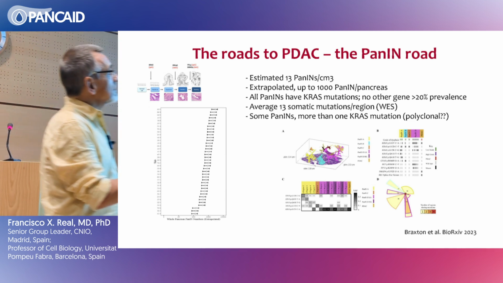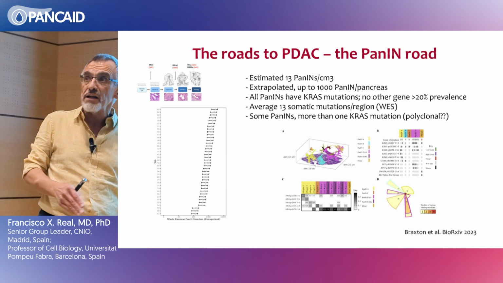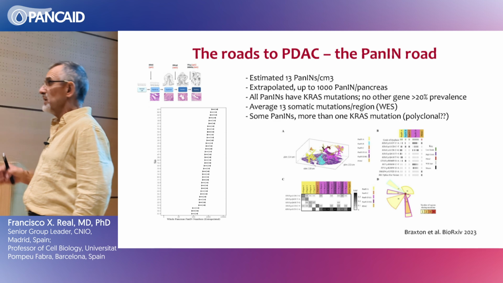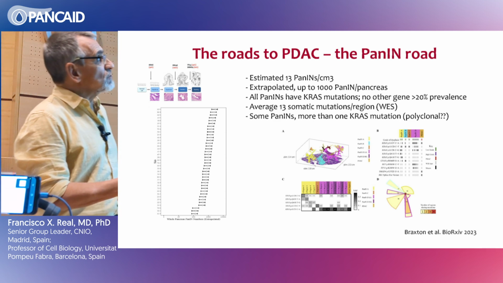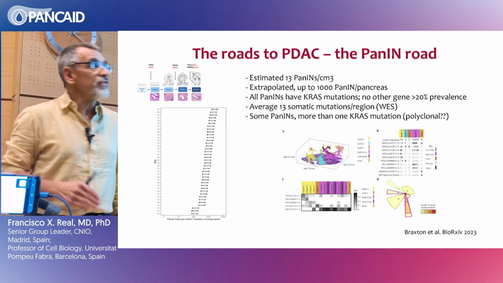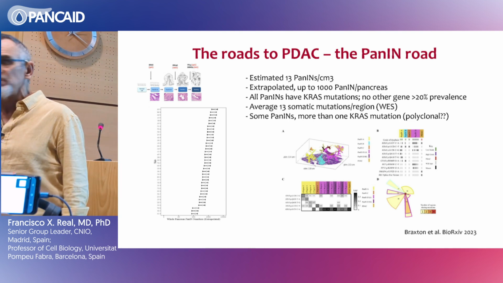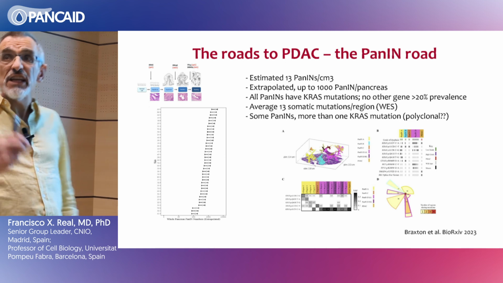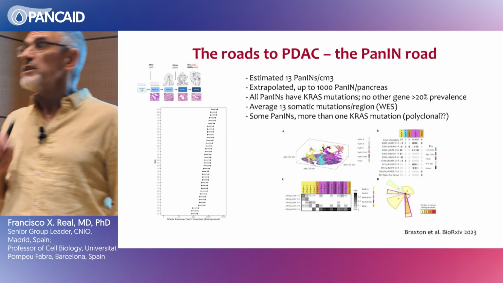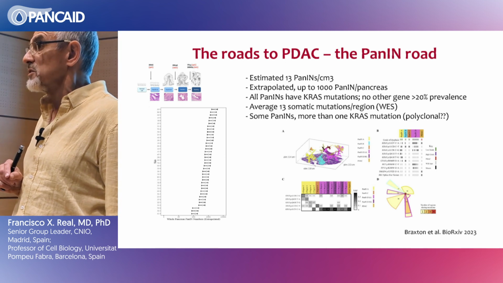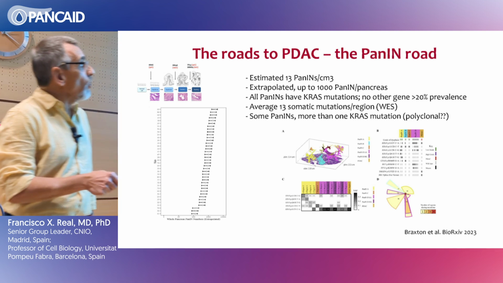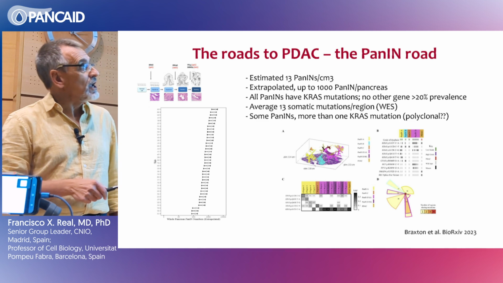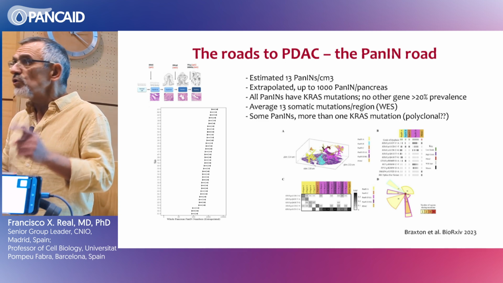They estimated that there are 13 PanINs per cubic centimeter in these individuals, a selected group of individuals. They extrapolated that there may be up to 1,000 PanINs per pancreas. They found that each PanIN contains from 27 to 7 million cells. So PanIN is a world, very diverse. All PanINs had KRAS mutations, but no other gene was mutated in these PanINs.